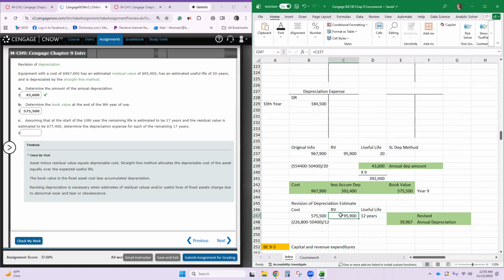They have estimated that the new useful life is 17 years, and residual value is $77,400. New useful life is now 17. So this is going to get revised. So once again, we're going to just use the straight line rate just like we were doing it for the first time.